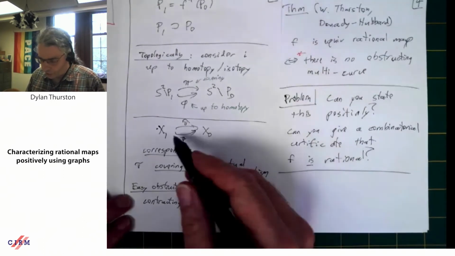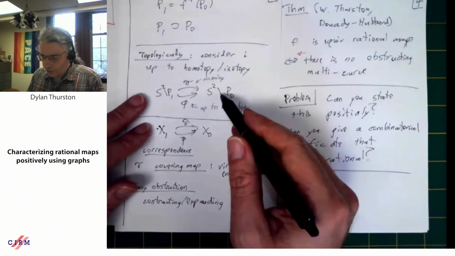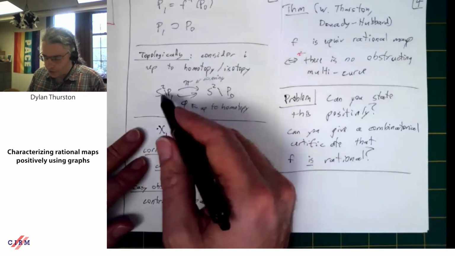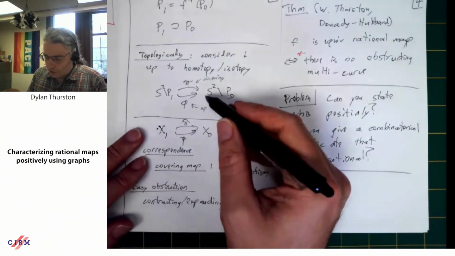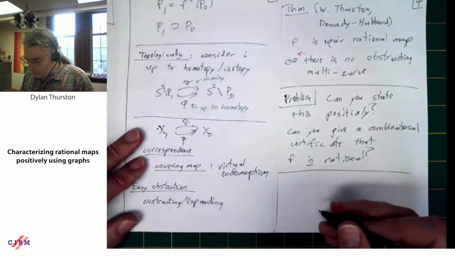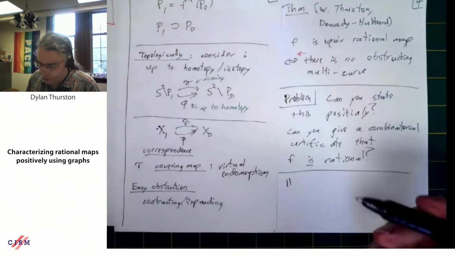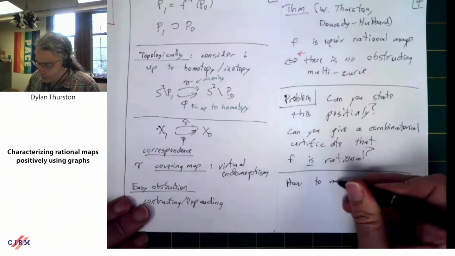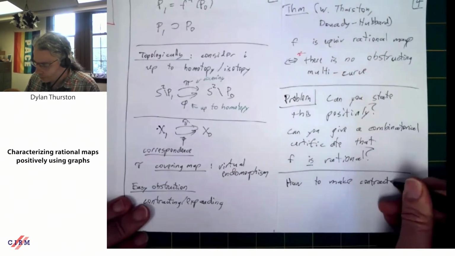I know that if it is rational, then the hyperbolic metric gets contracted pulled back under the cover and then mapping forward, or expanded in the other direction. But hyperbolic metrics aren't very combinatorial. So how to make this contracting condition combinatorial?